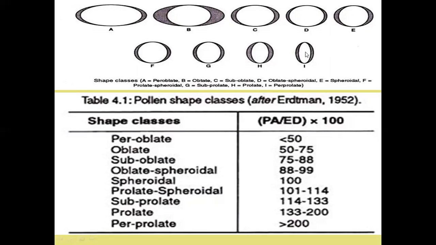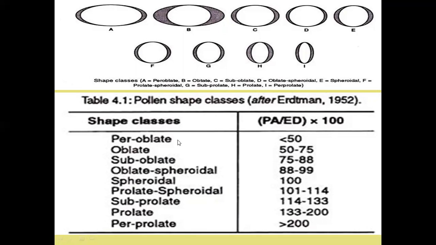In the prolate, we can see this is the polar axis, and this is the equatorial axis. In the oblate, the equatorial axis is greater than the polar axis. In the prolate, the polar axis is greater than the equatorial axis.